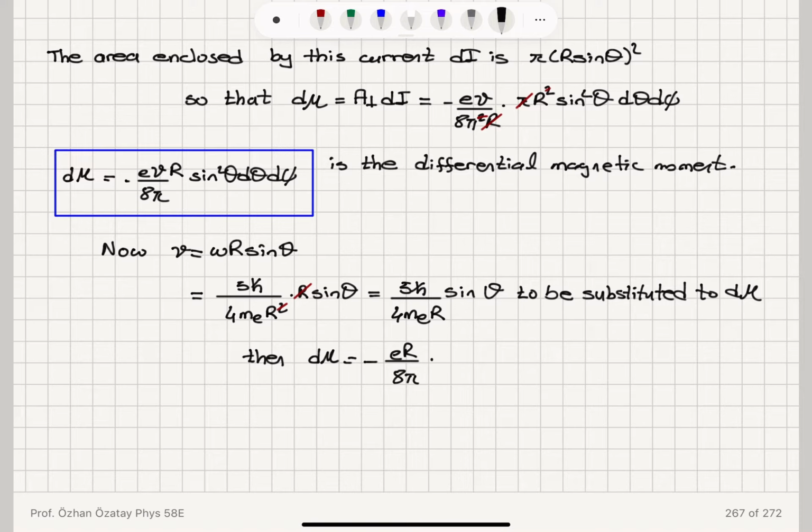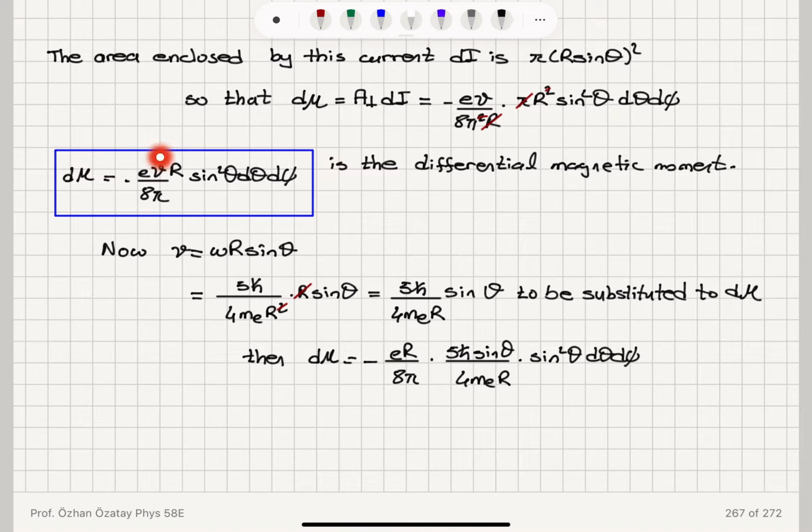For v, we substitute 5 h bar sine theta over 4 mass of the electron capital R, and then we have sine square theta d theta d phi.